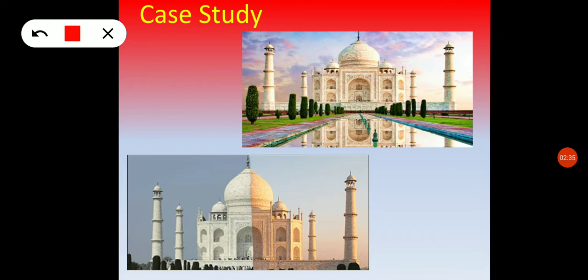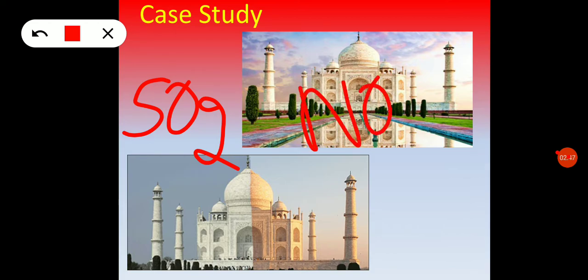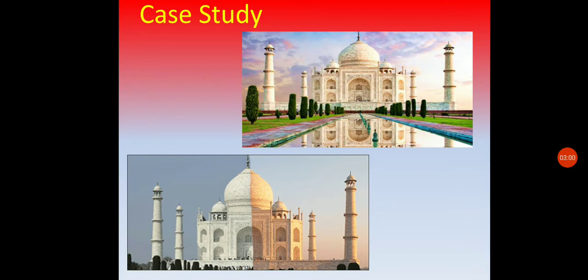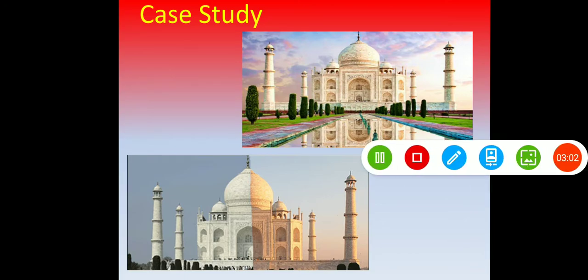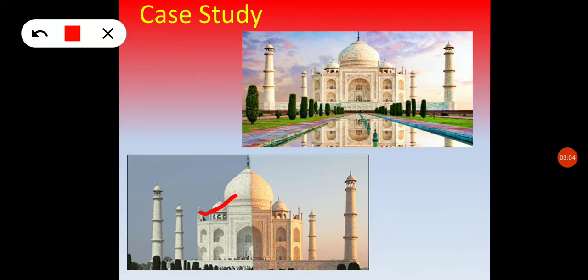These are responsible for producing pollutants like sulfur dioxide gas and also nitrogen dioxide gas. These gases are the main causes of the pollution. Because of this pollution, you can see here in the image, the white marble has been decolorizing to yellow.